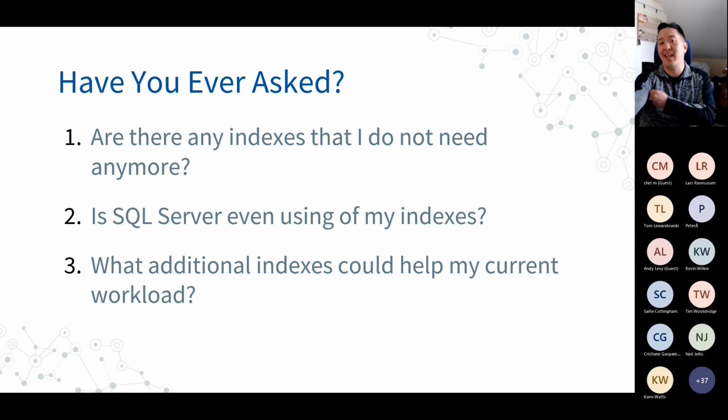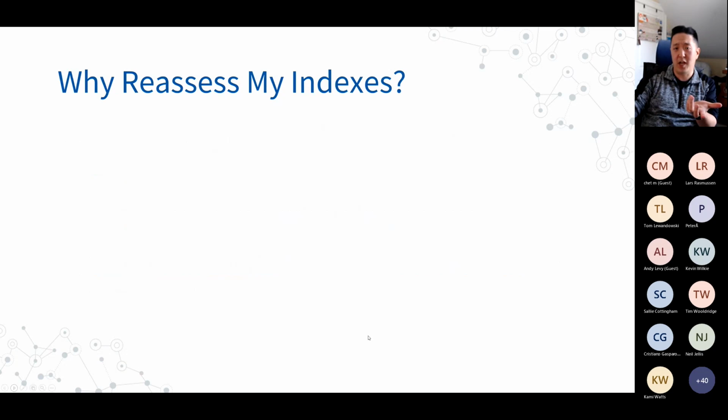So you're the one who just kind of has to keep the lights on, if you will, right? But in either case, I would strongly argue that no matter what your role is, it is very important for you to be mindful and keep in mind all of these different possible questions about your index usage. They have consequences.